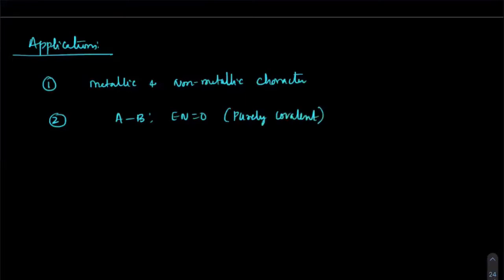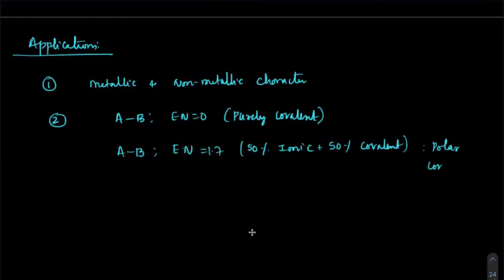If between A and B the electronegativity difference, according to the Pauling scale, is equal to 1.7, it has 50% ionic and 50% covalent character. We still call this kind of bond a polar covalent bond.